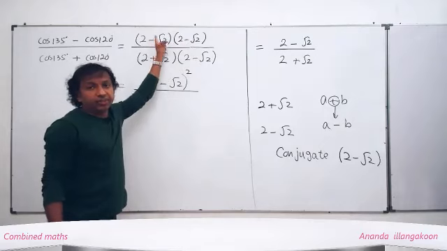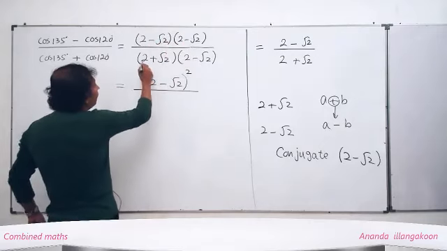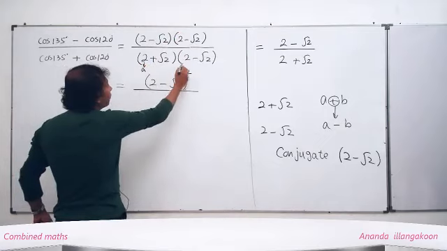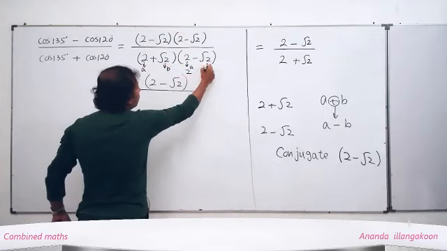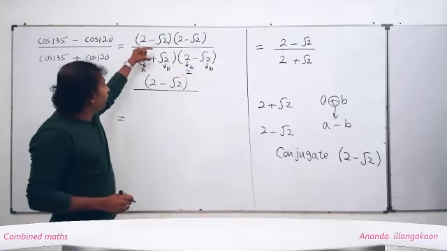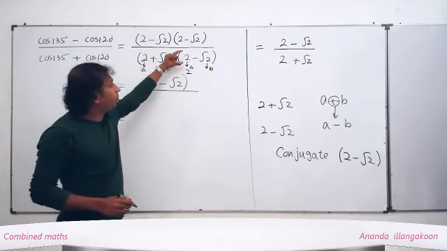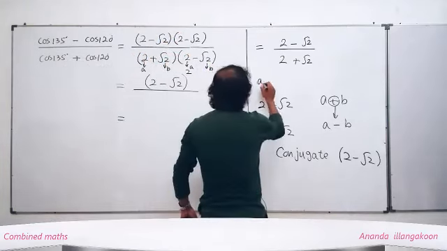This is like x into x, x squared. I wrote that. Here, if you take this as a, here also this is c. If you take this root 2 as b, this is b. Then what do we have here, people? A plus b multiplied by a minus b. What is a plus b multiplied by a minus b?